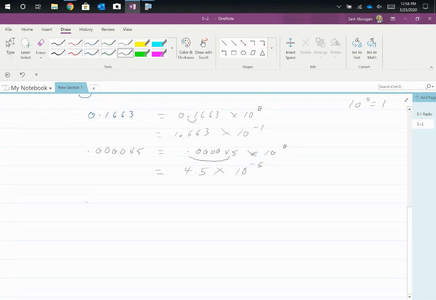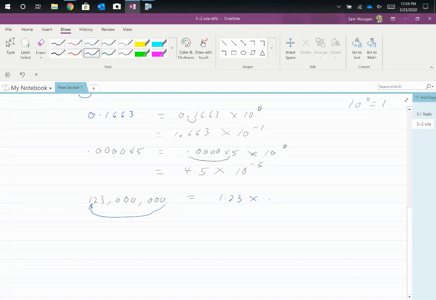If I have 123 million, there's a decimal point at the end, so I would need to move back 8 places to get to a number between 1 and 10, which is 1.23.